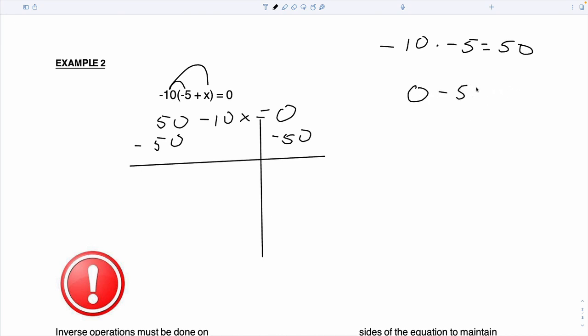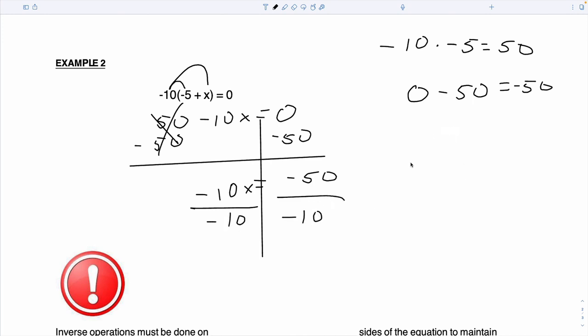Hadley. Good. And what's left on the left side, Chad? On the left side, it's negative 10x. Good. Last step. Keep going. You would divide negative 10x by negative 10, and then you would do the same to the right. And what's my answer, Chad? You would come to x equals 5. Good.